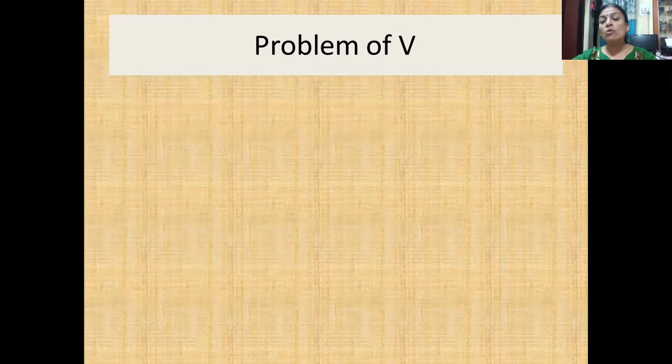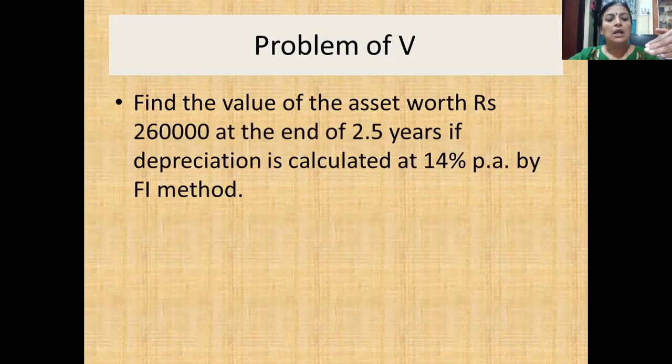And let us solve for value. Let us calculate the value, that is, after depreciation. Find the value of the asset worth rupees 2,60,000. This is P, at the end of 2.5 years, this is N. If depreciation is calculated at 14% per annum, I is equal to 14%, that is 0.14, by FI method, that is fixed installment method.